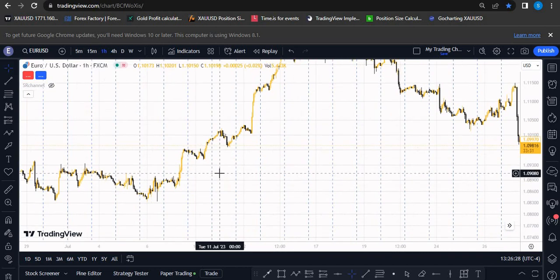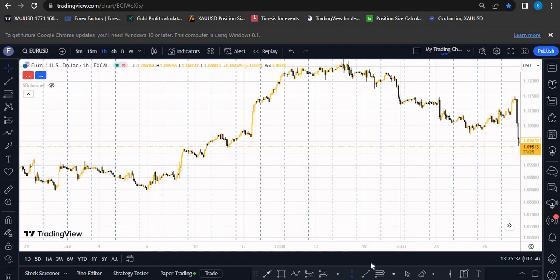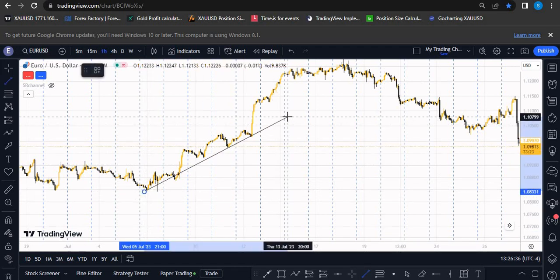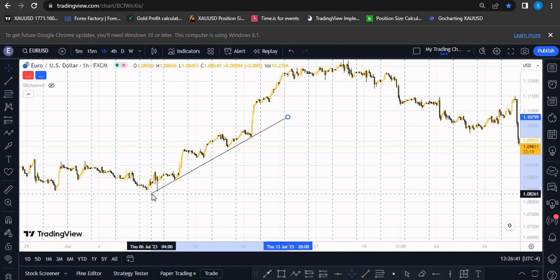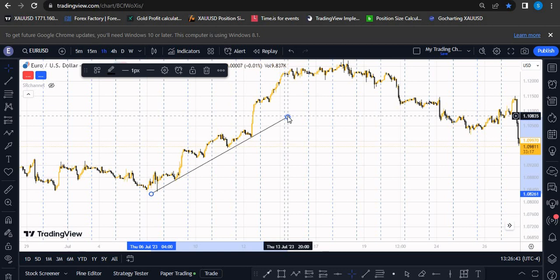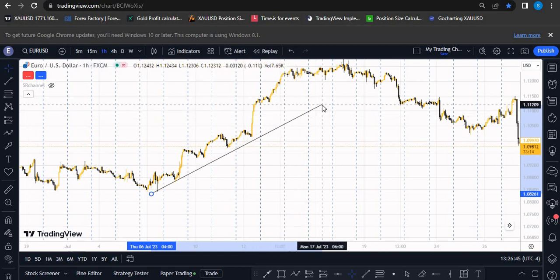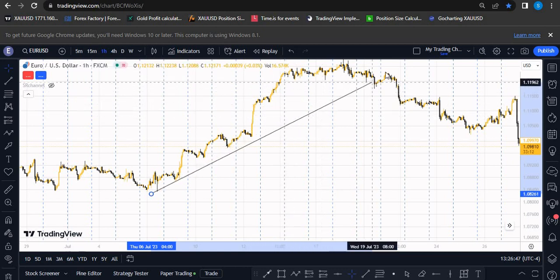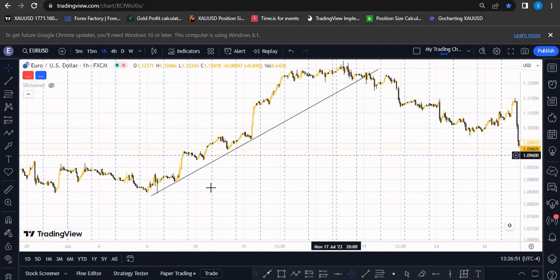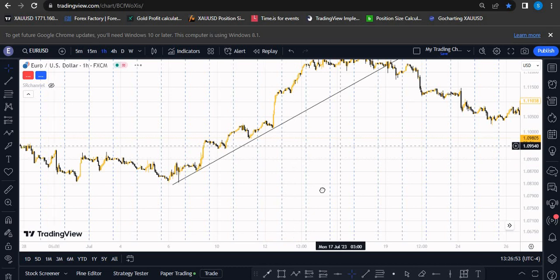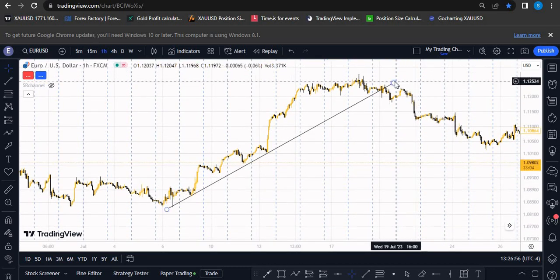Now, how do you use your trend line to support a good entry in the market? So this is how you guys are going to do it. You draw a trend line like this. You make sure the trend line is touching the wicks, not the candles, to be on the safer side. You can see how many touches we have here.